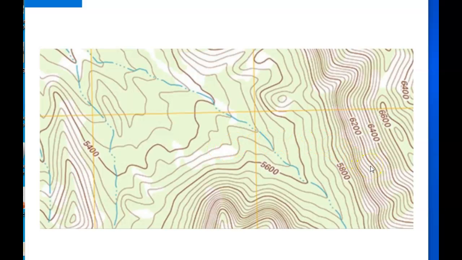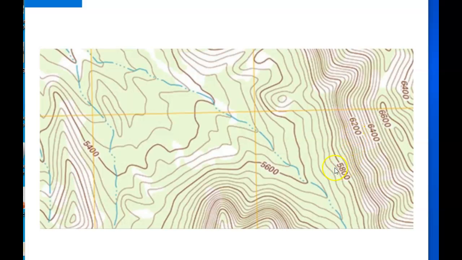How you're going to do that is you want to find these darker lines that are called index lines. You want to find two that are adjacent to each other, right next to each other. Now this one doesn't have a number in it, but we could figure it out based on the fact that between this index contour and this one, if we subtract those two values, we see that there's 200 feet of elevation change between this index contour and that index contour.